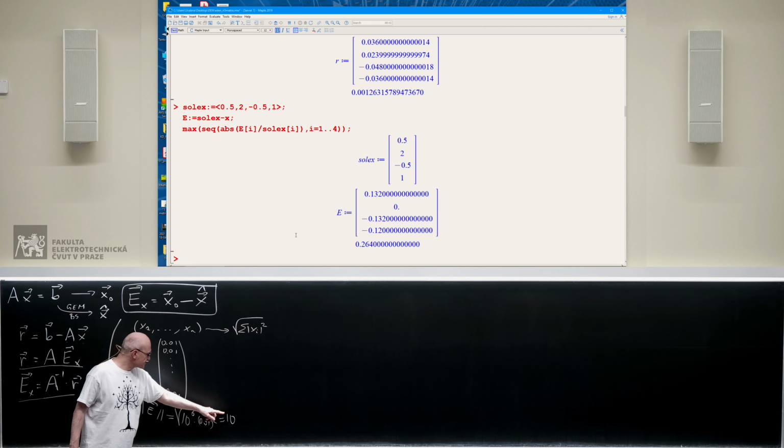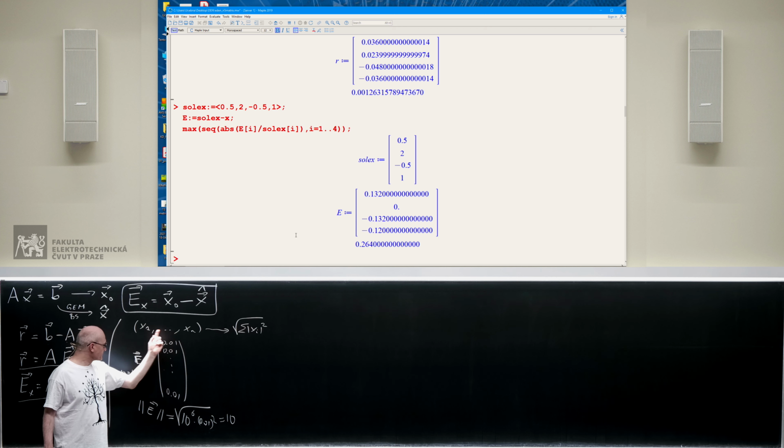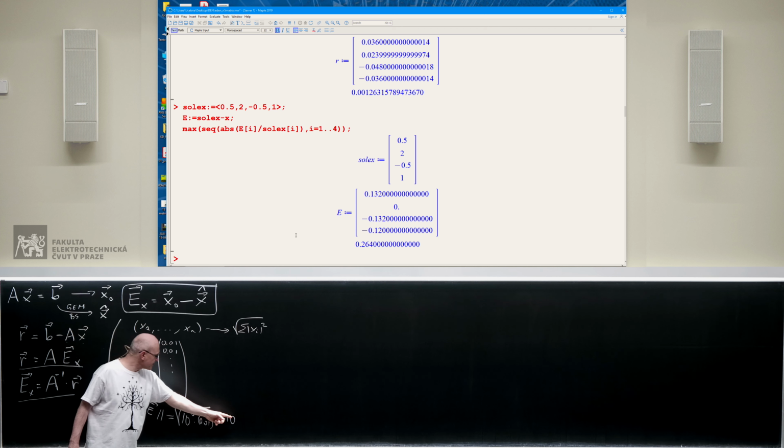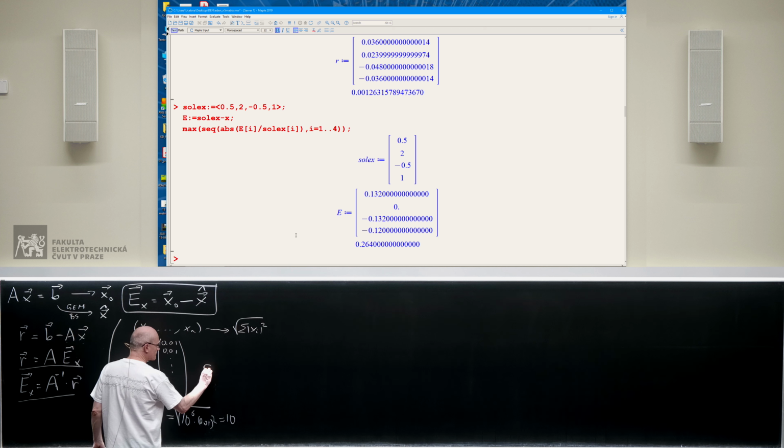Which is a number that is significantly larger than the individual entries which show errors of my variables, of my unknowns. Now, if the dimension was 10 to the 9, things would get even worse. In general, if you have a vector like that of dimension n, then the magnitude is the square root of n times 0.01.